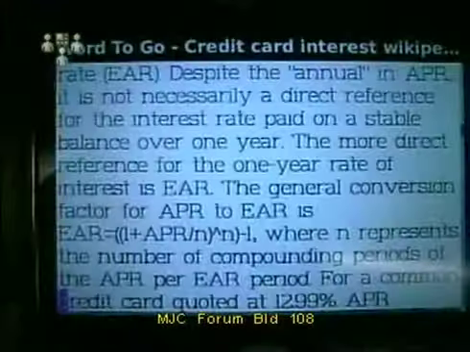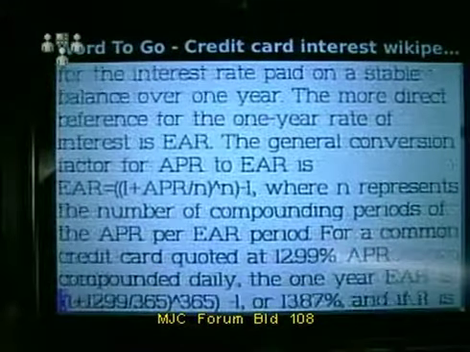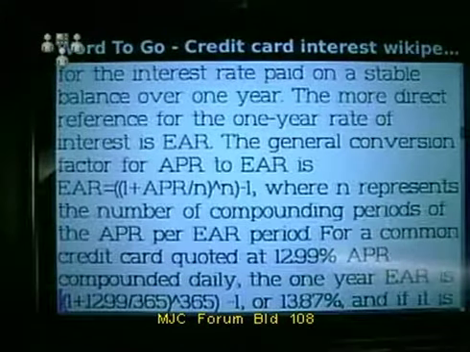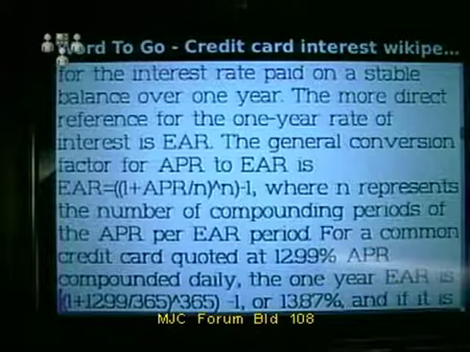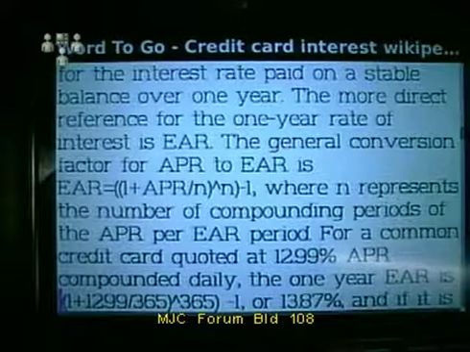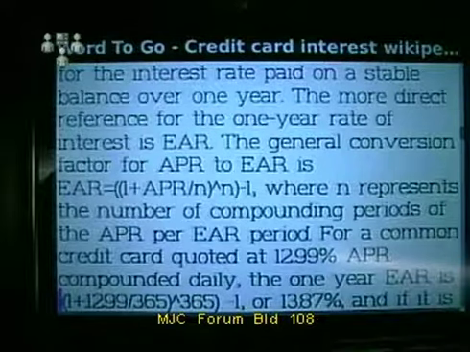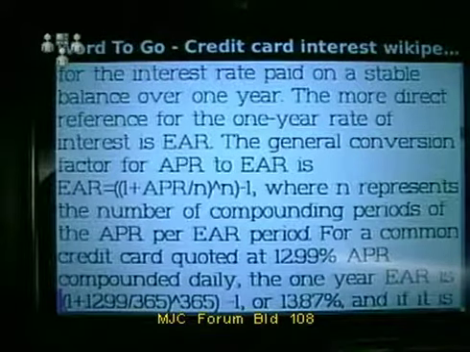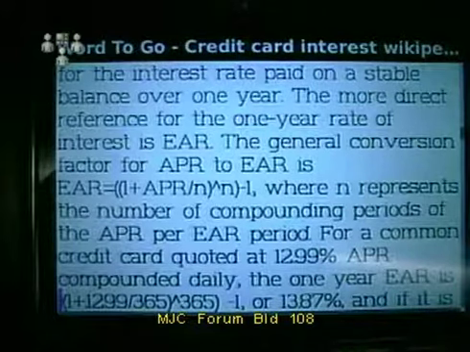The more direct reference for the 1-year rate is an EAR, and here's how it's calculated. You take your annual rate and divide it by the number of times you compound. So if we were going to compound monthly, 12 times a year, you'd have 1 plus your APR over 12, and then you take it to the 12th power and subtract 1.